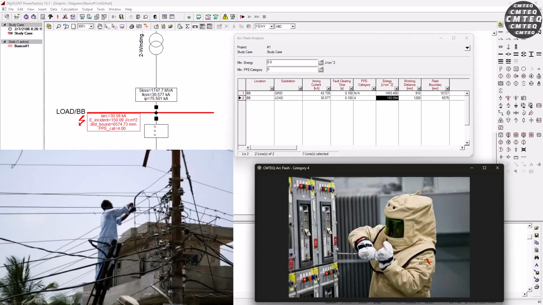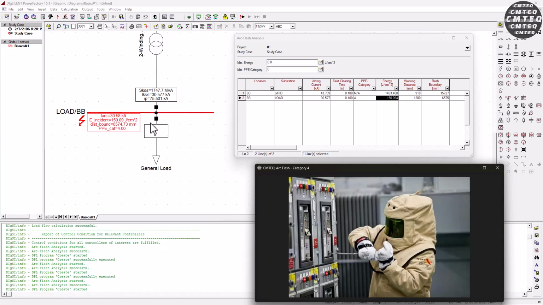Now, this is because the 150.1 joule per centimeter square here is already way above the entry level of 1.2 calories per centimeter square. If you calculate it, you're going to get about 37, so you straight jump into category 4.